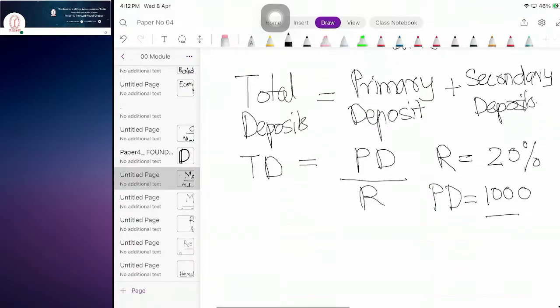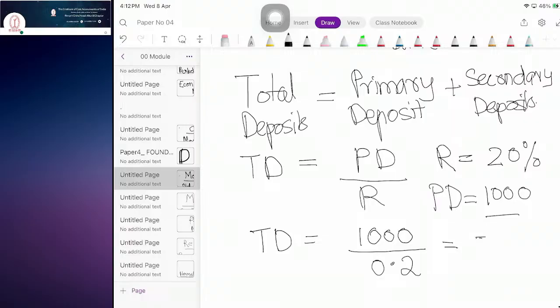If we apply this formula, total deposits is equal to primary deposits of 1000 divided by reserve deposit ratio of 0.2. So that would make it 5,000, right? Yes, it would become 5,000.